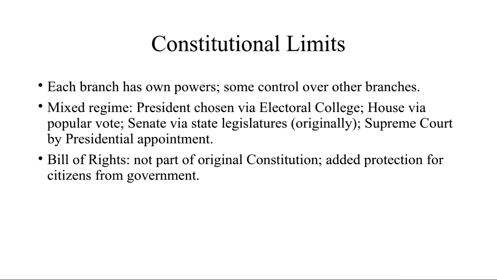It's also a bit of a mixed regime. The president is chosen through the Electoral College. Congress is now chosen through the people, although, of course, for the Senate that didn't change until the 17th Amendment. And the Supreme Court, the president nominates someone and the Senate confirms.